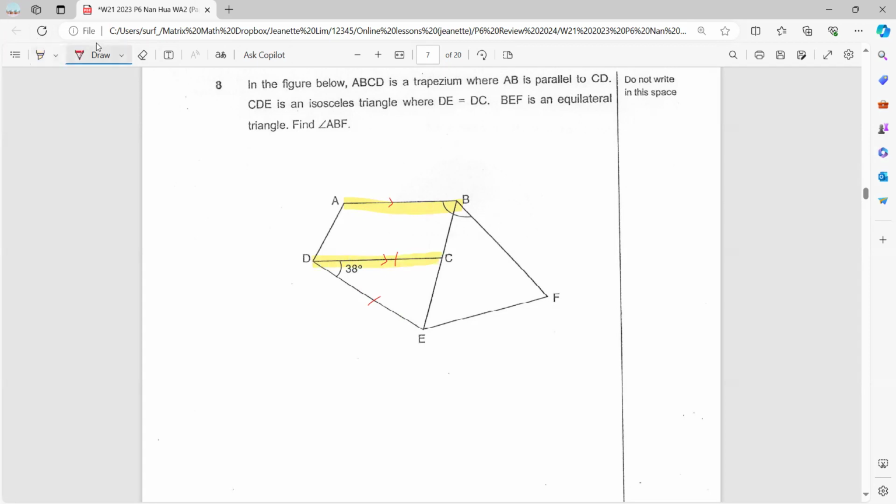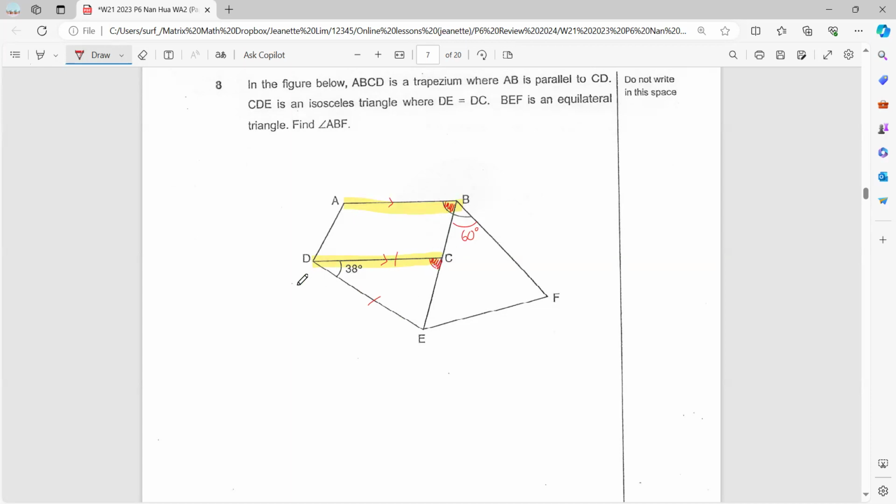So this angle here is actually the same as this angle here. So that is part of what I want to find for ABF, right? And over here, this is 60 because equilateral. So I just need to find this part here, which is the same as this. This is your corresponding angles.